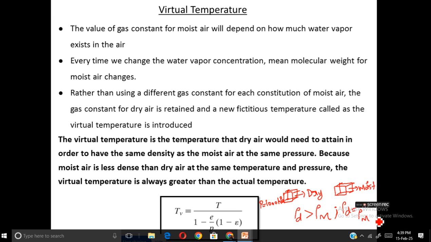Suppose we increase the temperature of an air parcel, what will happen to its density? As the temperature is increasing, what will happen to the density of an air parcel?